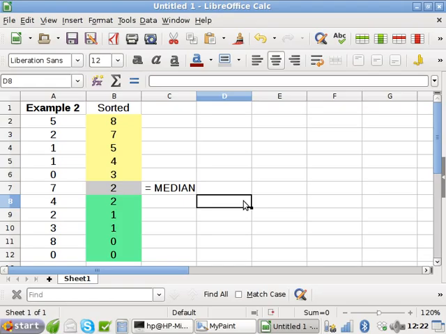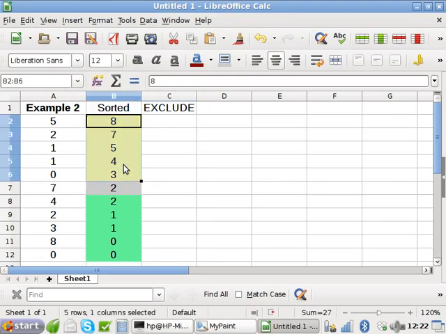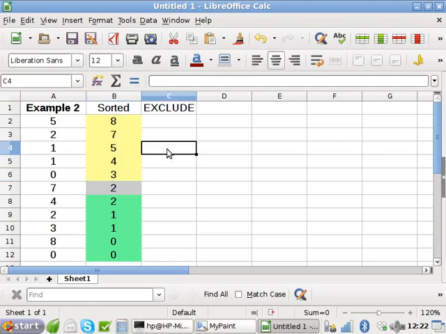So the first method we'll use is the method where we exclude the median. So if I don't use the median, and I just have these 5 numbers here, what's the upper quartile? The upper quartile is equal to 5. And by the way, the letter for upper quartile is Q3.